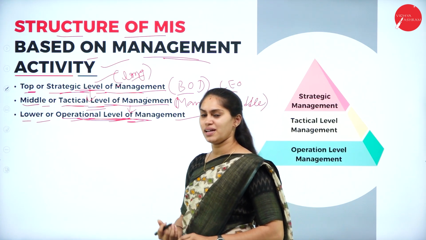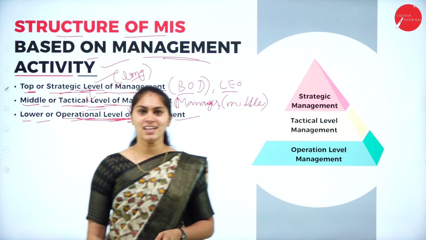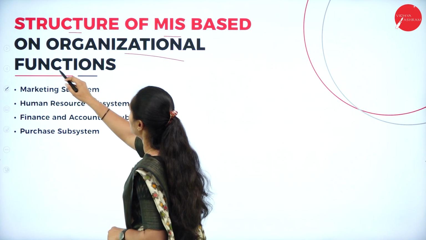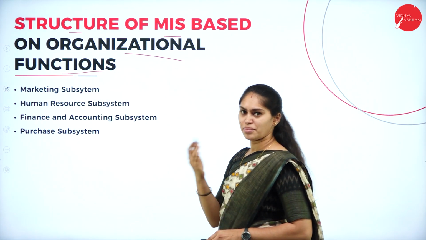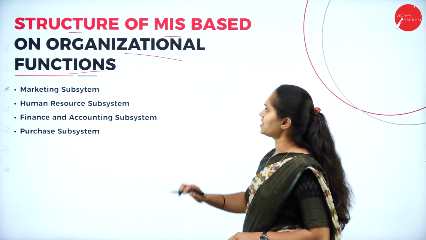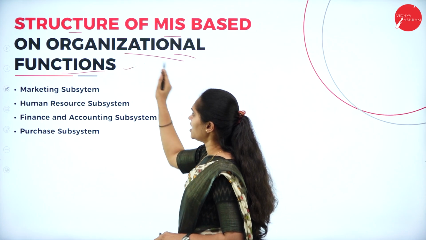Everything comes under this topic. We'll see the next thing, that is the structure of MIS based on organizational functions. The previous one was management activity. Next we have the structure of an MIS based on the organizational function.